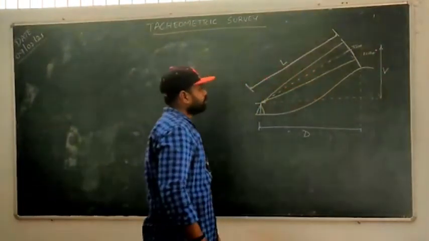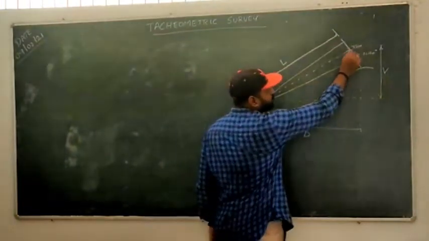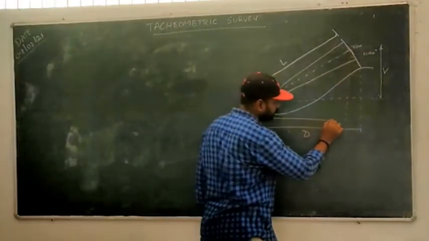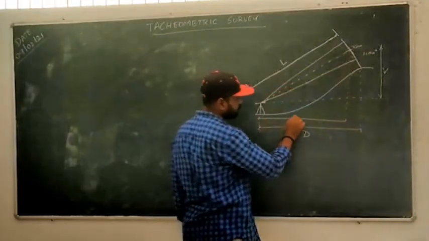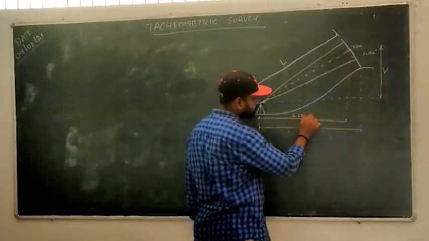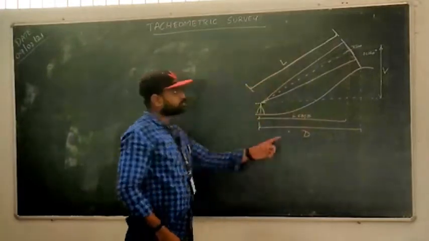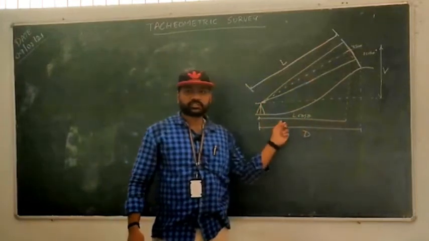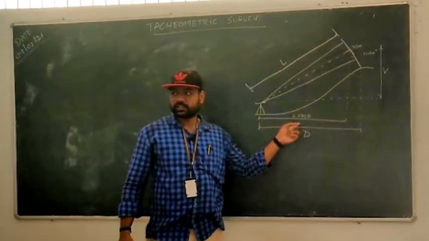Now if you consider the distance, how much is it from here to here? If this is your L, then this horizontal distance will be L cos theta. Are you agreed?